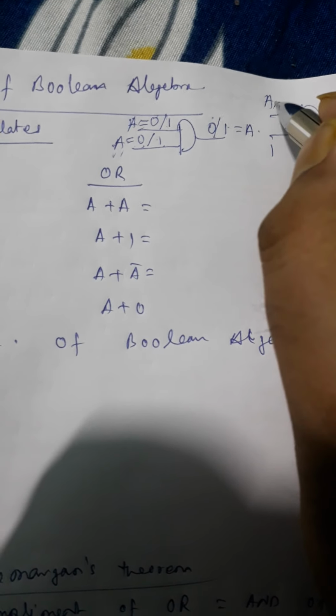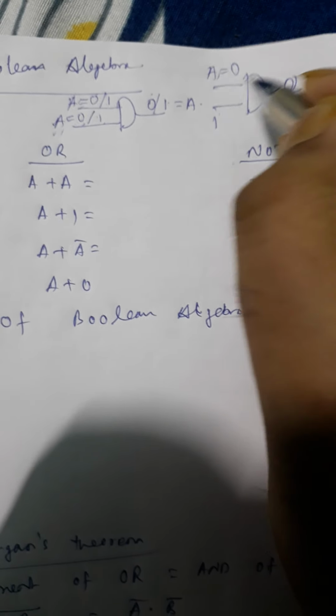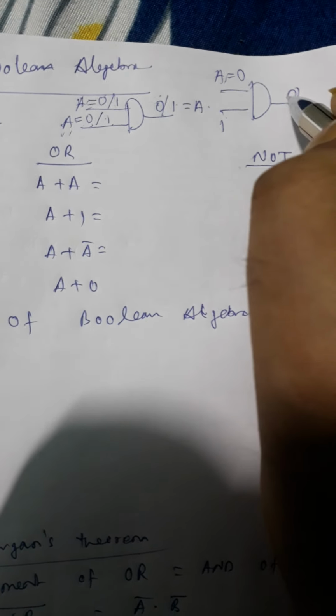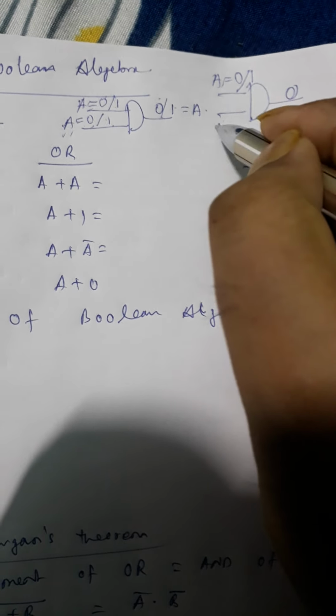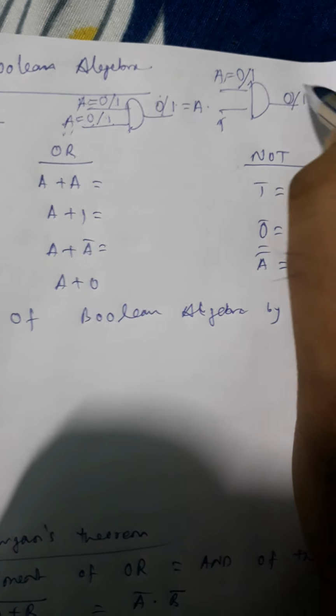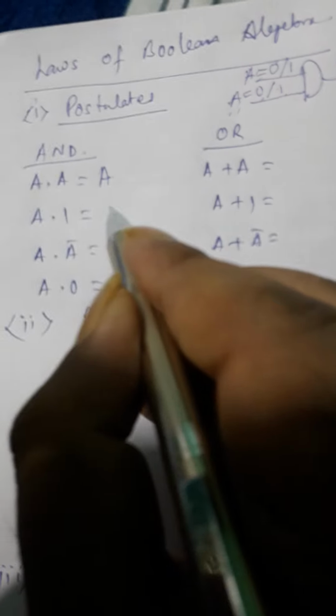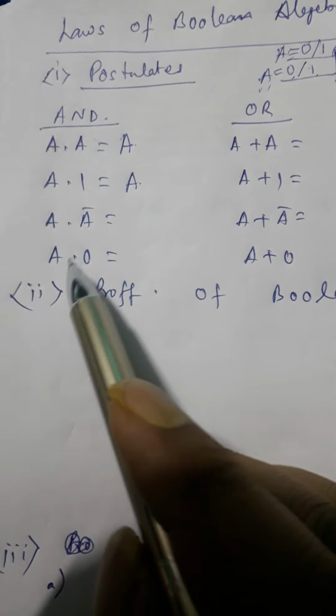If A becomes 0, then the output will become 0, because 1 0 makes 0 in an AND gate. And if A becomes 1, 1 1 means 1. So the output is following A. So we can write A dot 1 is equal to A.